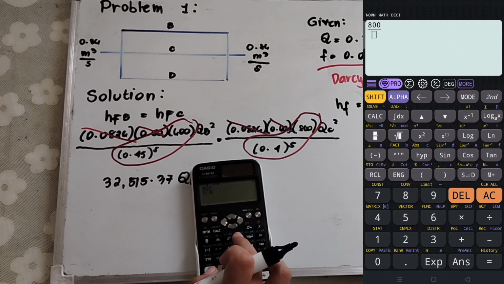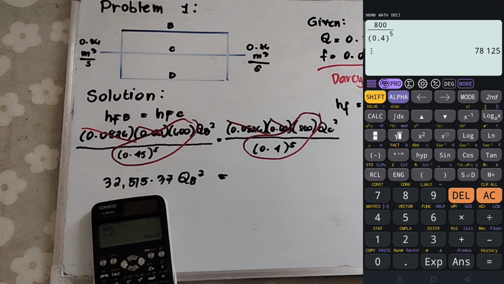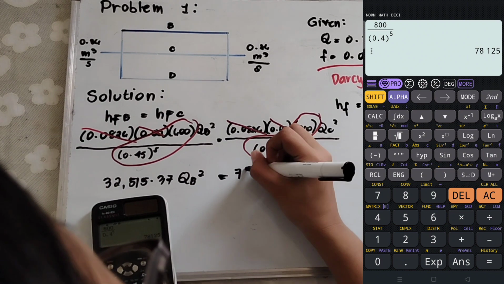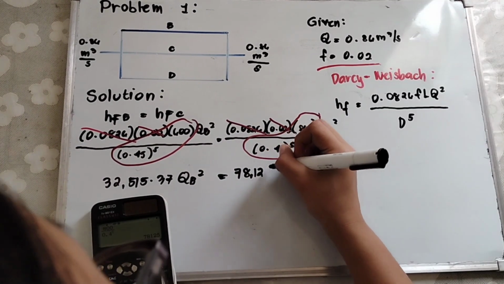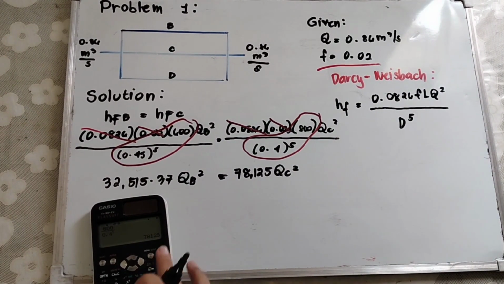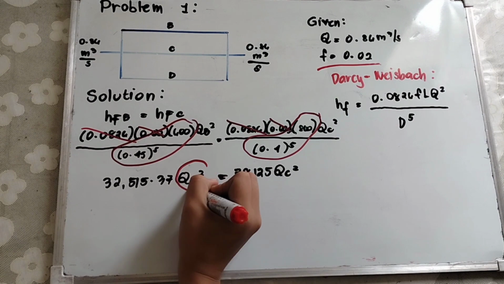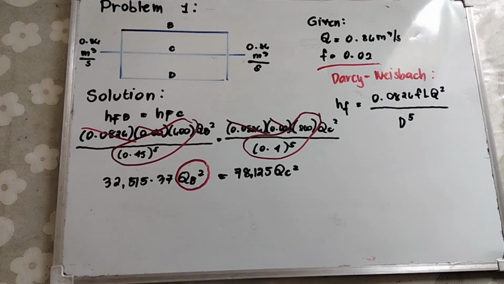And then, 800 over 0.4 raised to 5 equals 78,125. Now, we have this equation, which is 32,515.37 times QB raised to 2 equals 78,125 QC raised to 2.